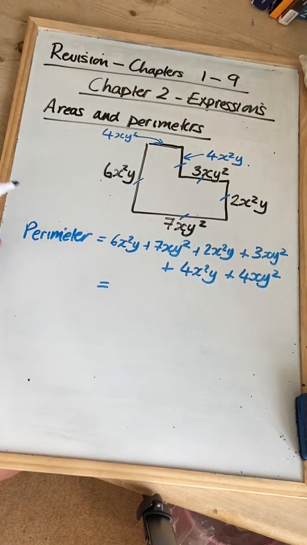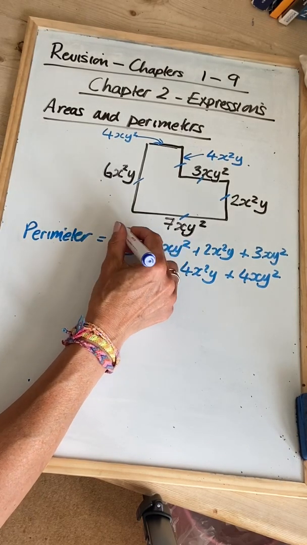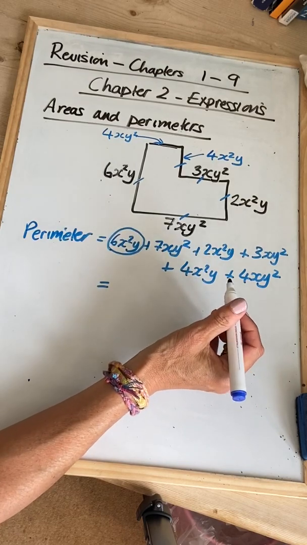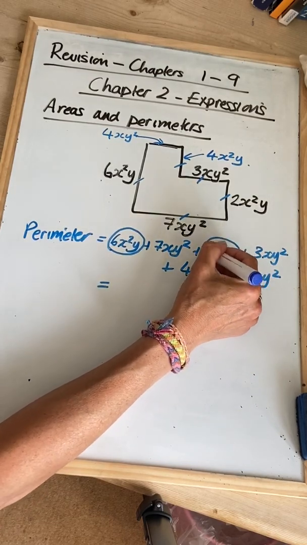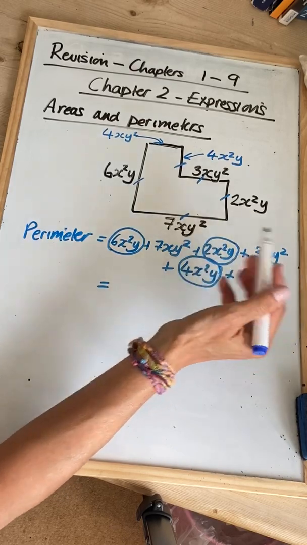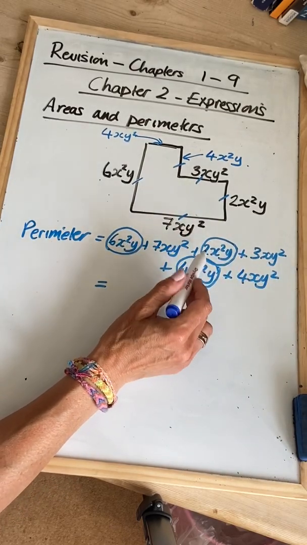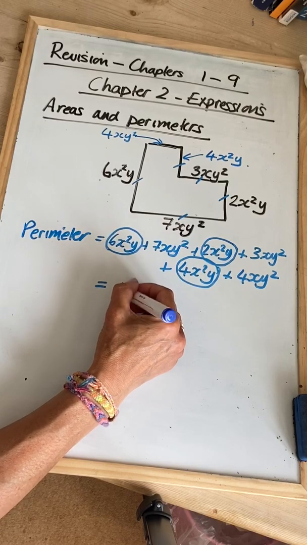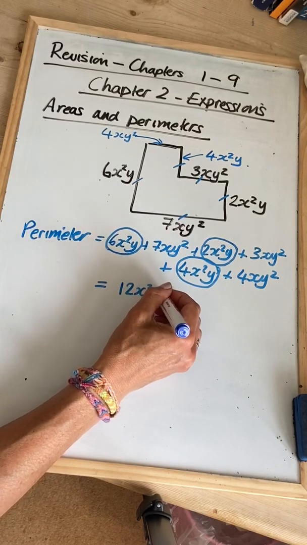They always ask you to express things in their simplest terms. This isn't as simple as it could be. We've got some terms that are the same here. We've got x squared y terms. We've got one that's there, we've got one there, and we've got one there. So altogether we've got 6 plus 2 plus 4, we've got 12 x squared y's.